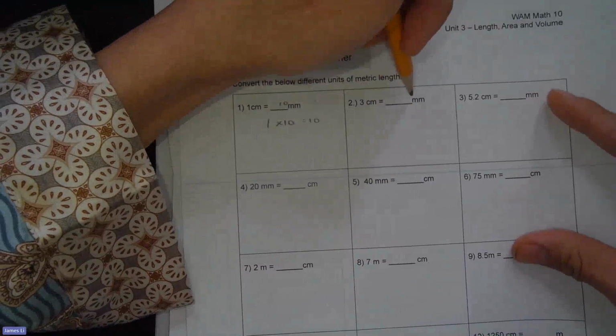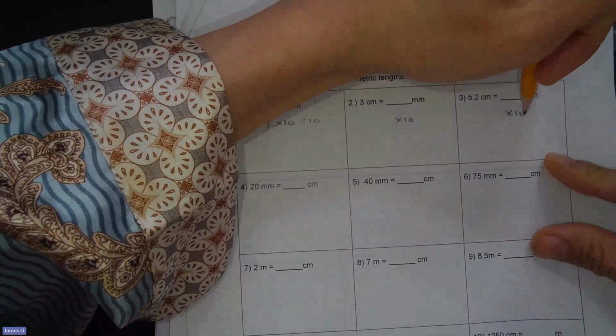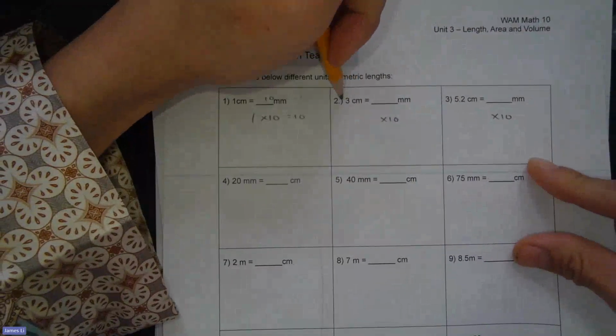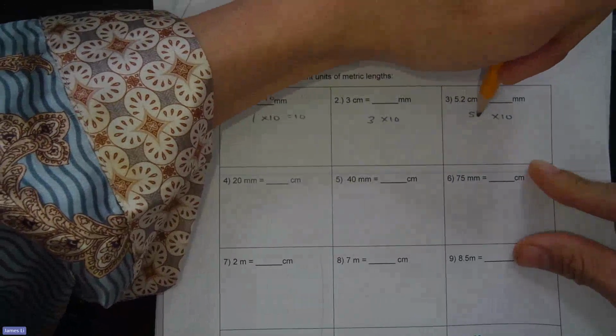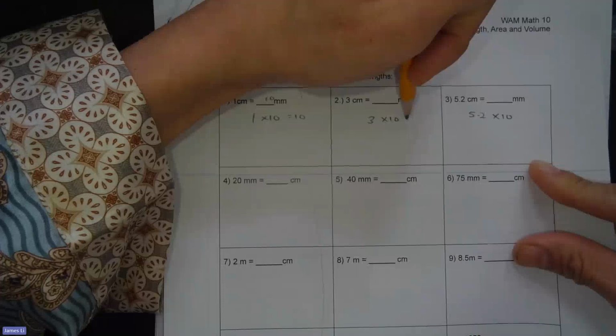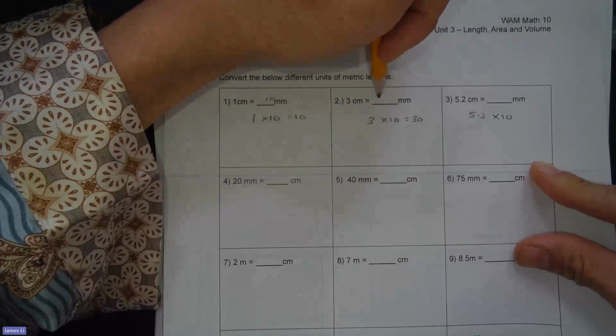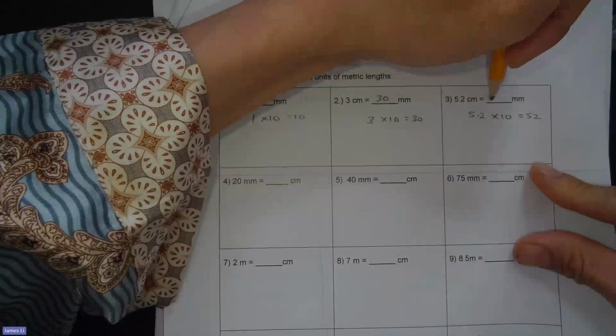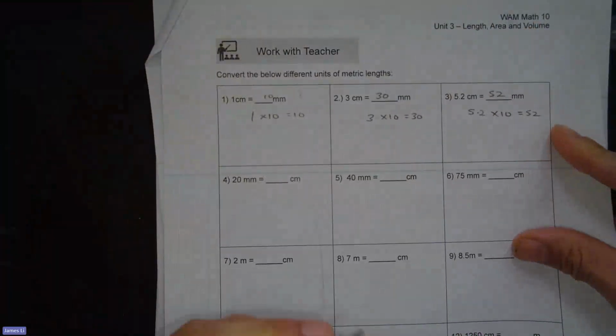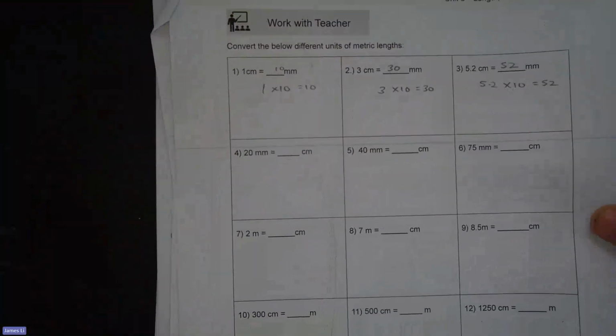So 3 cm to mm, you multiply by 10. 3 is here, I write 3. 5.2 is here, I write 5.2. So quite easily, you will get 30 mm. Quite easily, you will get 52. Okay, it is fairly easy, this unit here.